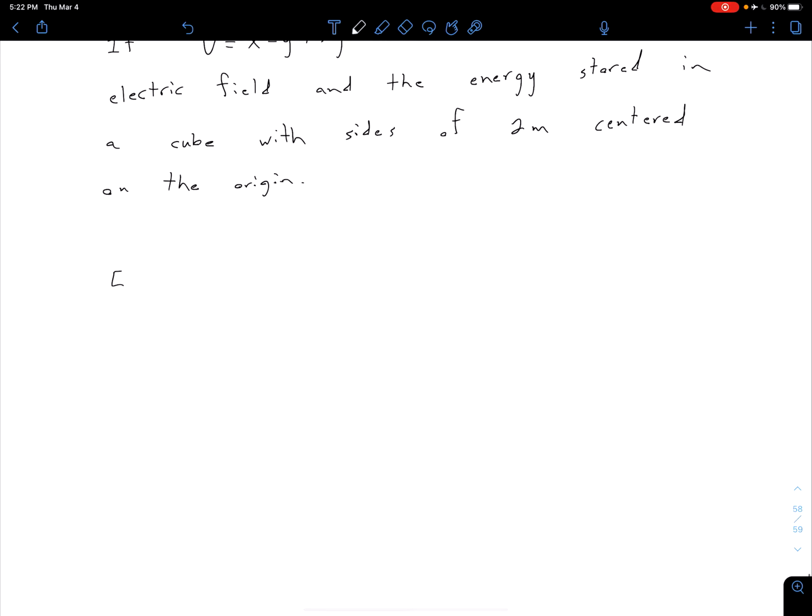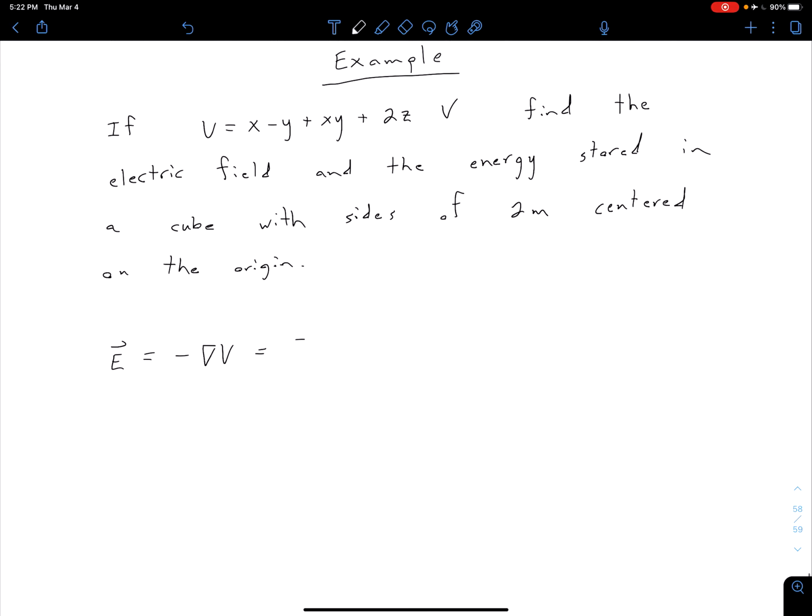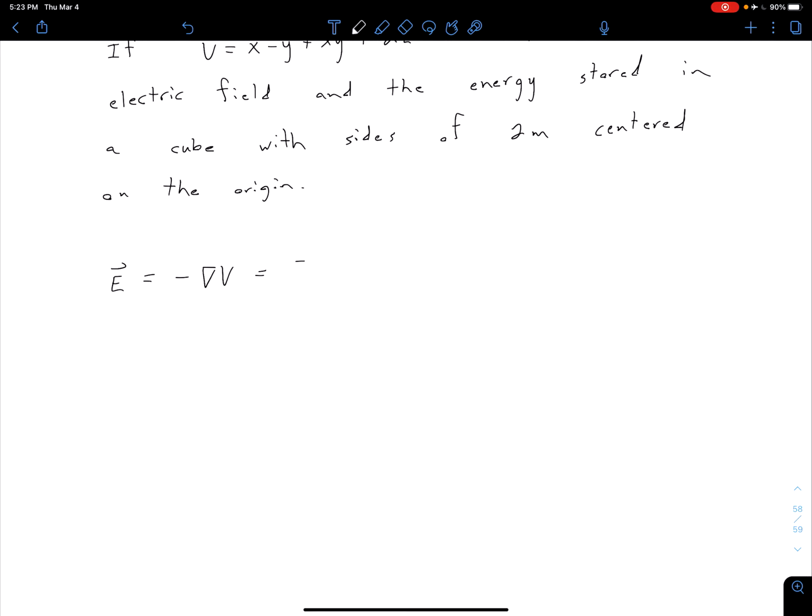Of course, we're going to use our expression that the electric field is the negative gradient of our voltage. Because we have a Cartesian expression for our voltage, that's just going to be negative partial of V with respect to x in our x direction, minus the partial of V with respect to y in our y direction, minus the partial of V with respect to z in our z direction.